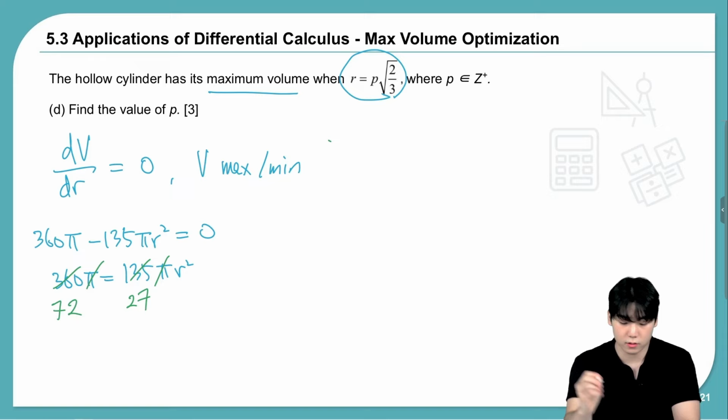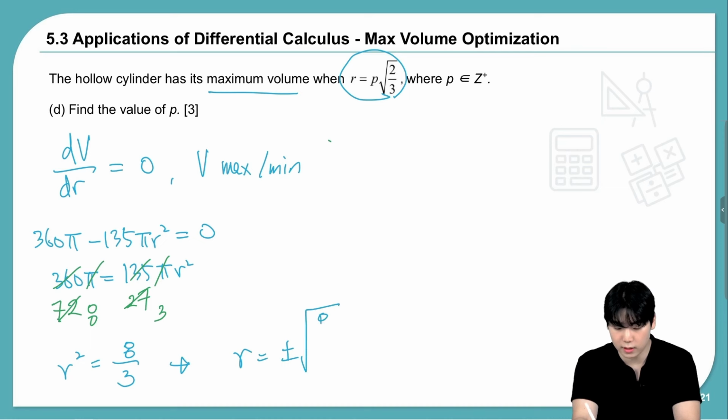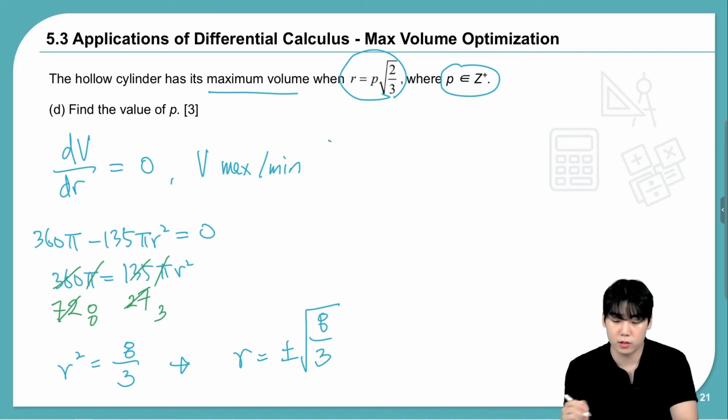I can further simplify this. I can divide both sides by 9. I have 3 and 8. So that means r squared is equal to 8 over 3. So hence, r is plus minus root 8 over 3. But we are told that p is a positive integer, so I'm going to reject the negative sign.